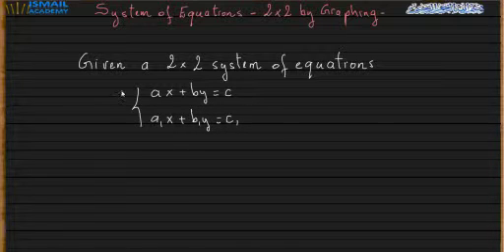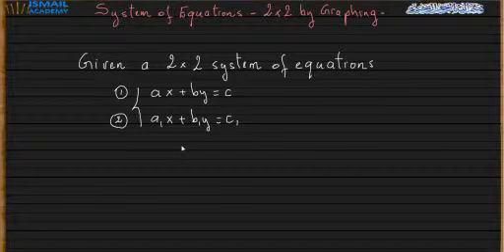This is the first equation, this is the second equation, and we have two unknowns. This is how we define a 2 by 2 system of equations: two equations with two unknowns.